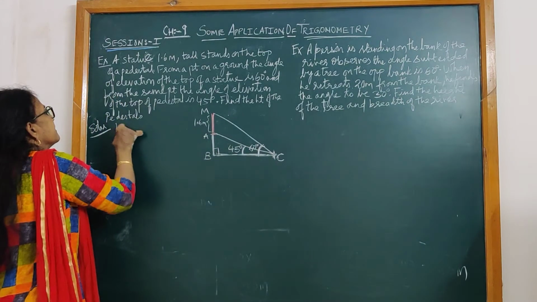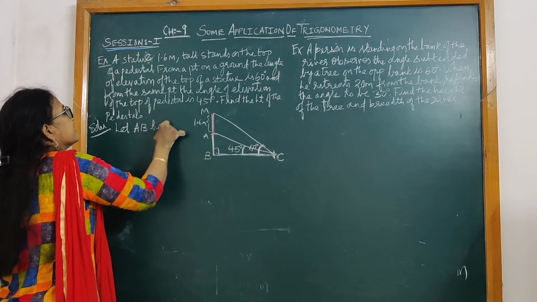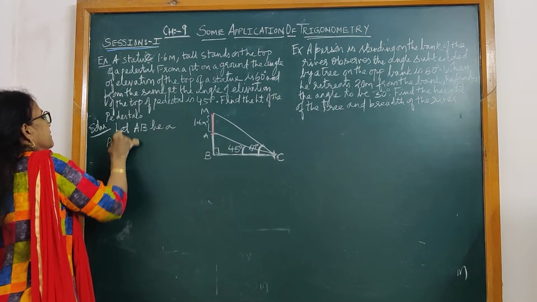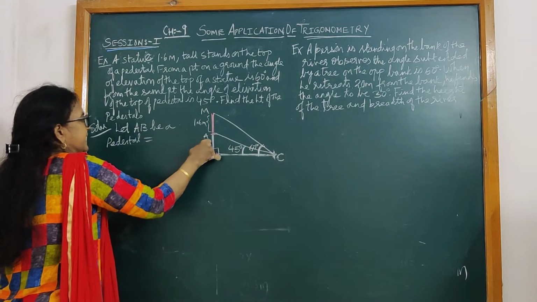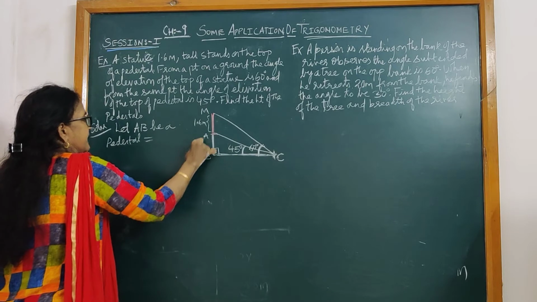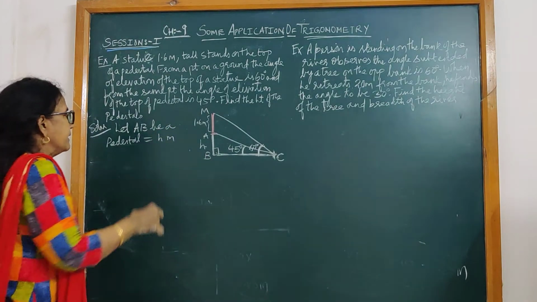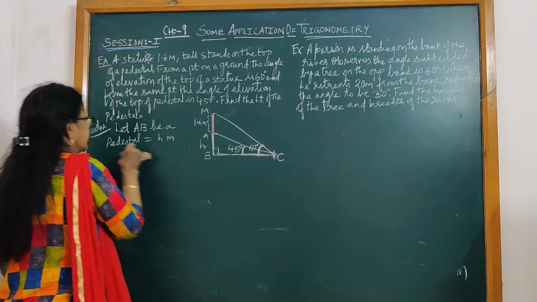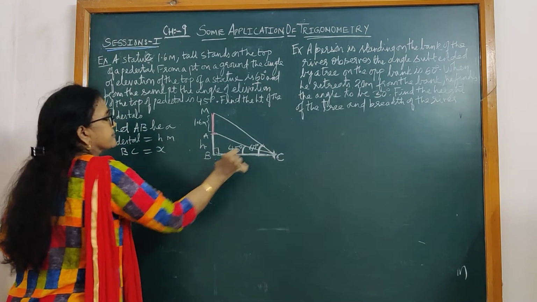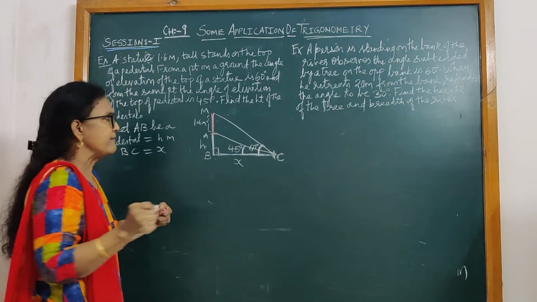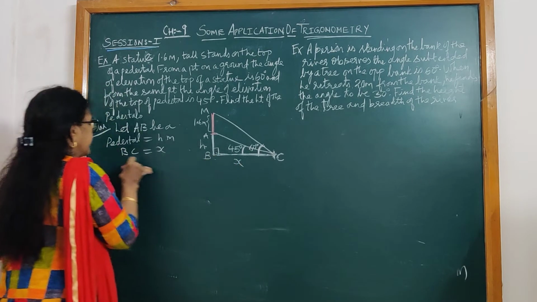Now let AB be a pedestal. AB is a pedestal whose height I am taking as h meter. BC, which is the distance, BC is equal to x. Now we will solve with the right triangle, triangle ABC.